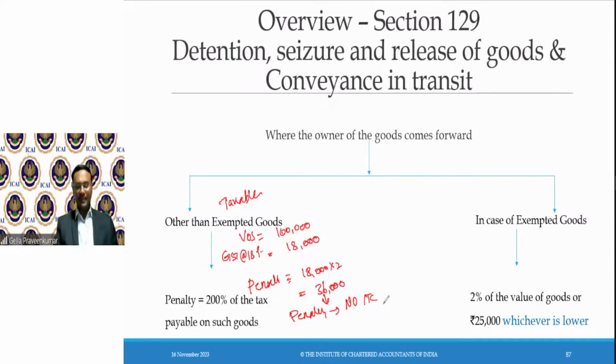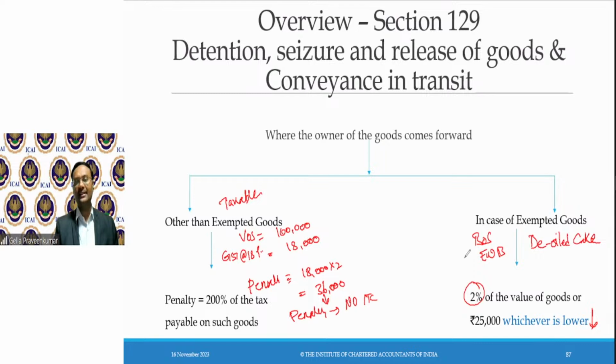So, in case of exempted goods, what do you mean by exempted goods? Tea, oil cake. In case of exempted goods, where bill of supply is not there or e-way bill is not prepared, law says 2% of the value of goods or 25,000, whichever is lower.